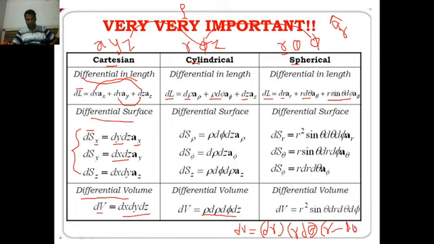I am not able to write down the total symbols because of the limitation. You can understand that by multiplying these three differential lengths you will get this.